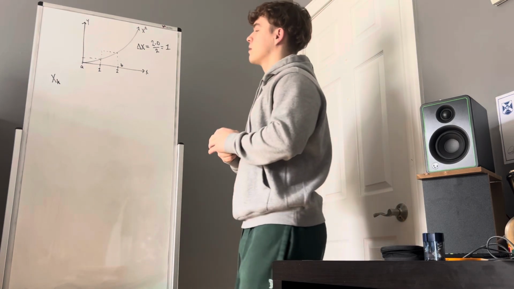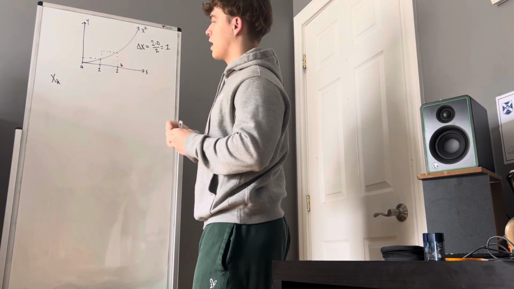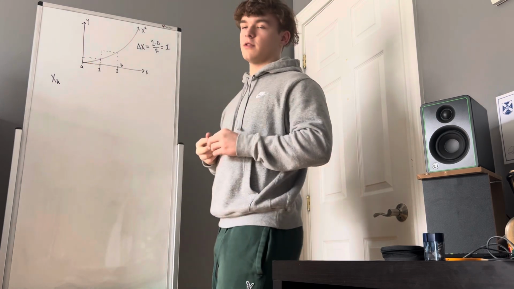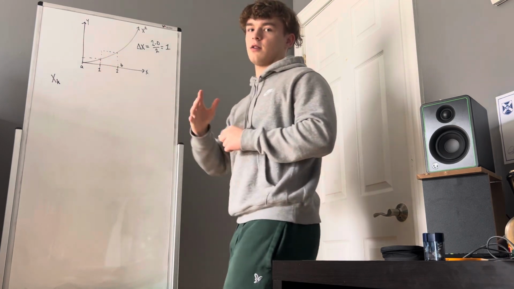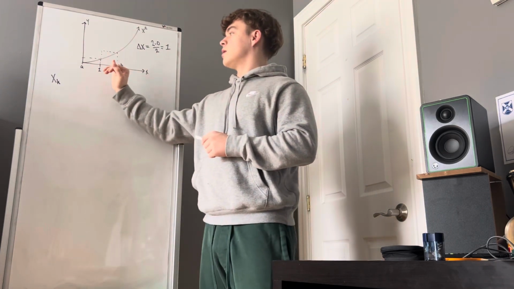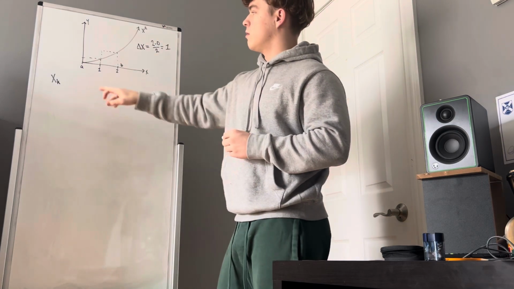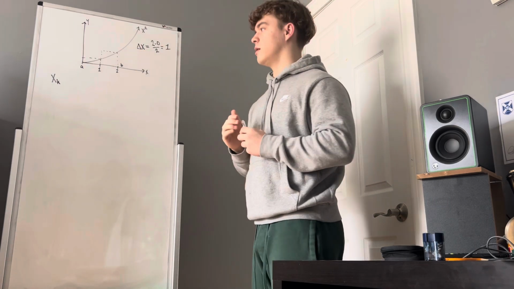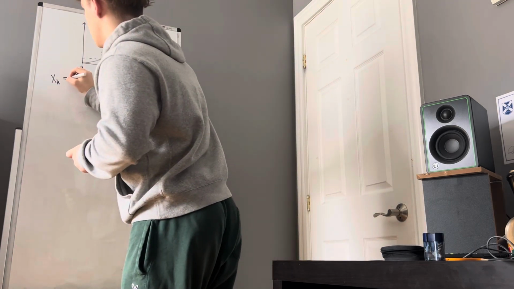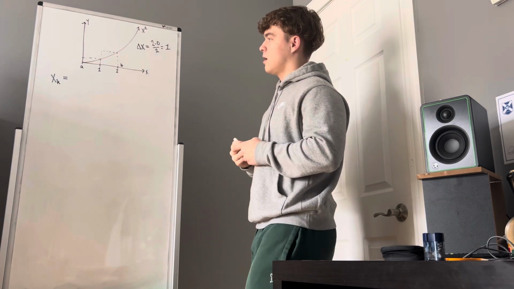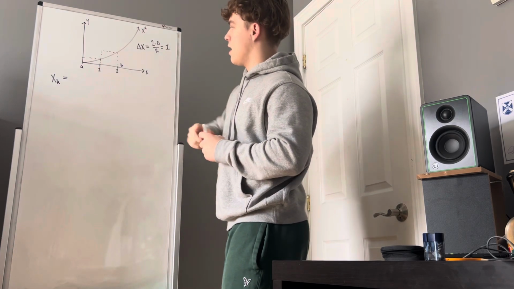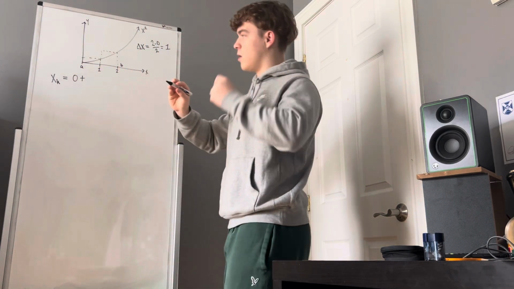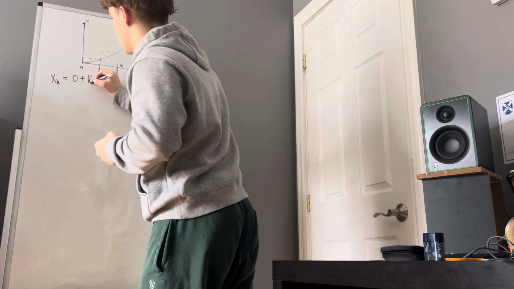And so what we can do is we can say xk, we're finding the right side as the height. We could use the left side if we wanted to, but that would just get rid of this rectangle. That wouldn't be any fun. Let's use the right endpoint. Well, our xk always starts at 1. So we can say x in terms of k is a, which is just 0, plus k, k is 1 at the start, times delta x.